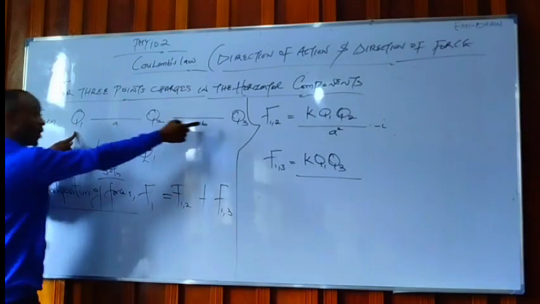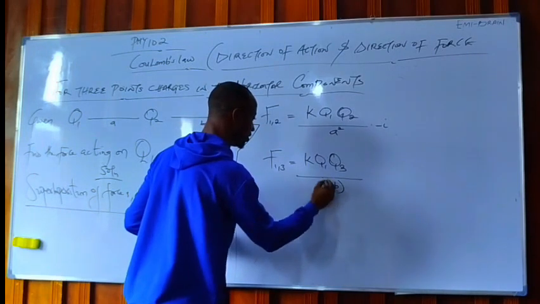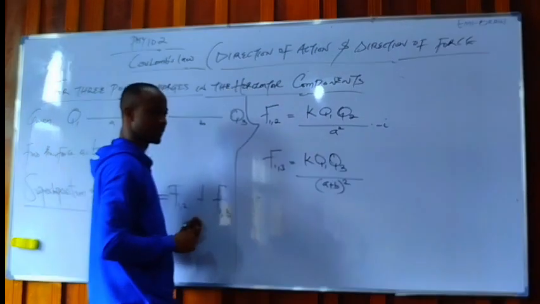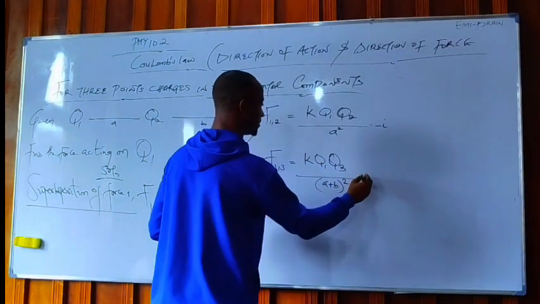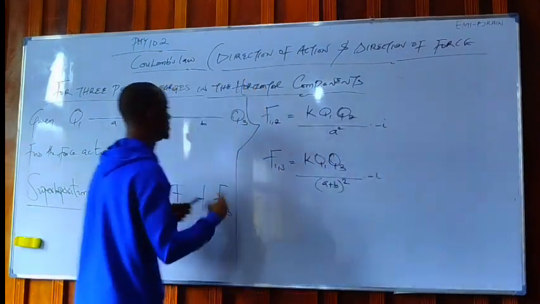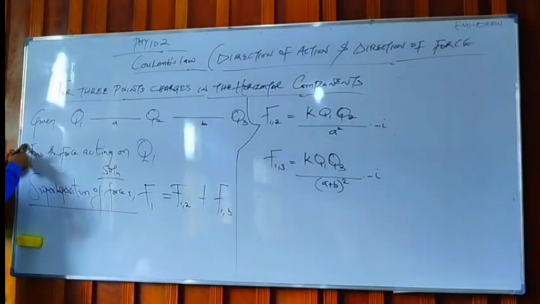It's A plus B. Is it making sense now? The unit vector again is minus i, because it's still moving towards the negative direction.